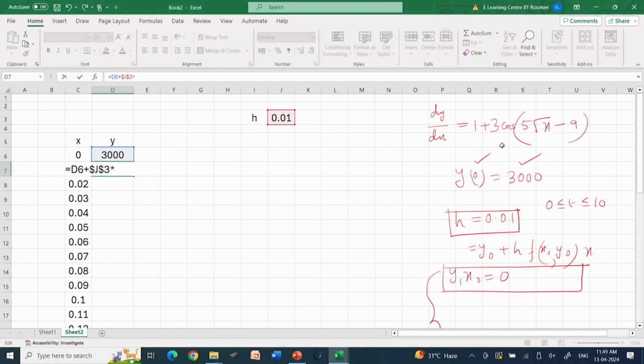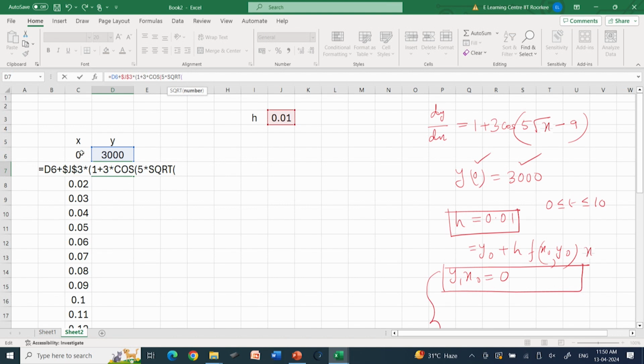The function is 1 plus 3 times cosine, and you can see that cosine has come, then 5 times square root, so it has also come, square root of x actually, this x.